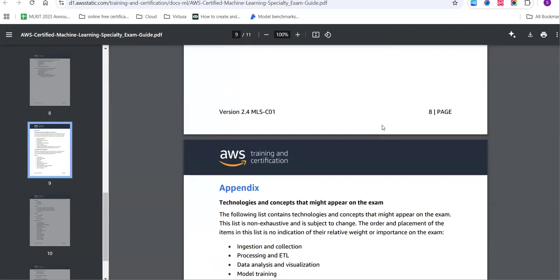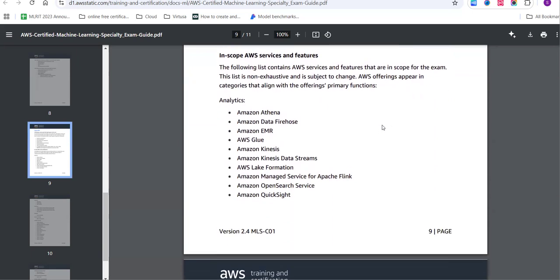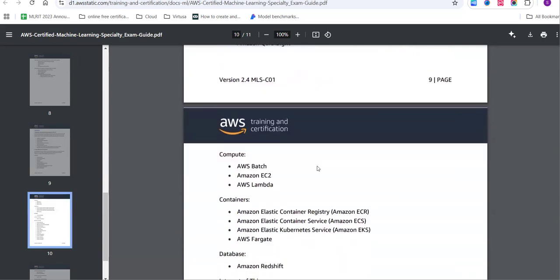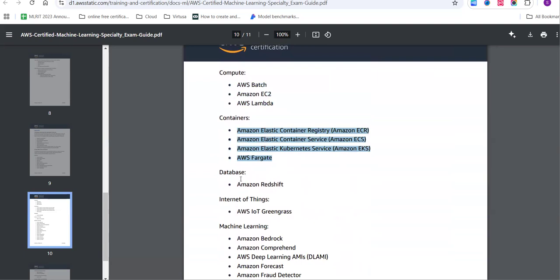If we see the services related to this exam, these are all the analytic services that we need to understand, as well as these are the compute services and container services that we need to understand. We are getting questions related to this as well. Container services, ECS or EKS, like by using what containerized services you can implement our ML models.